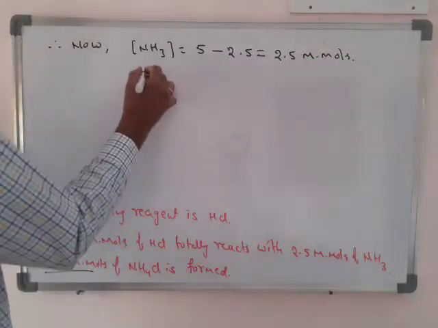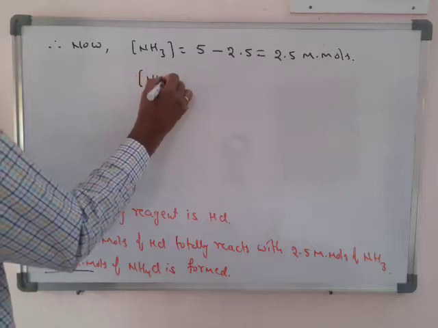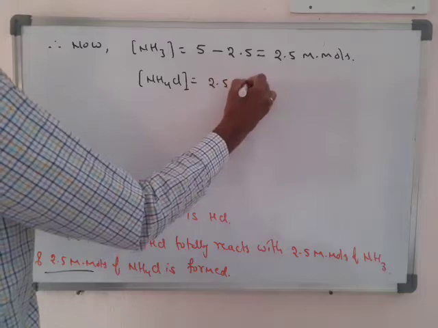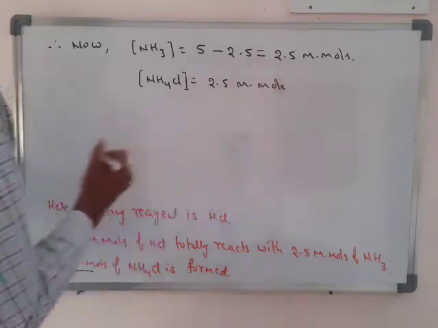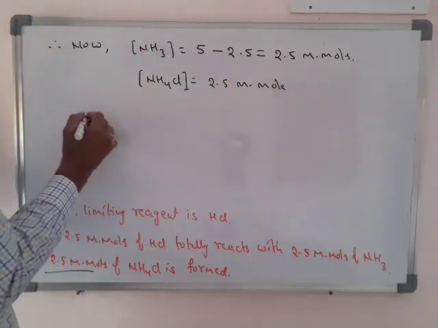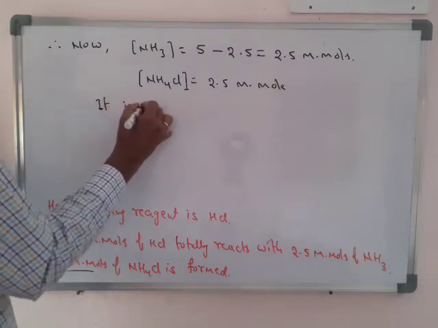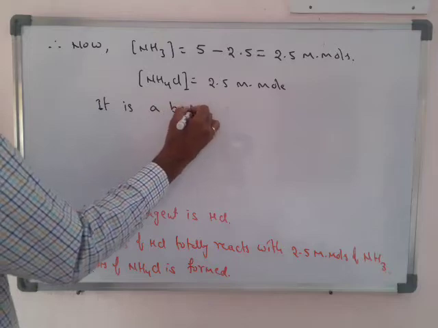Next, what about the salt? That is NH4Cl present. It is already formed, 2.5 millimoles. Means it is a mixture of NH3 and NH4Cl. So it works as a basic buffer.